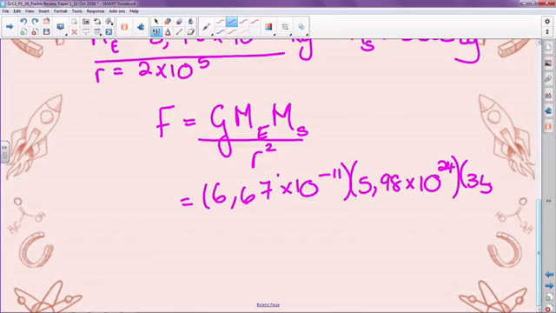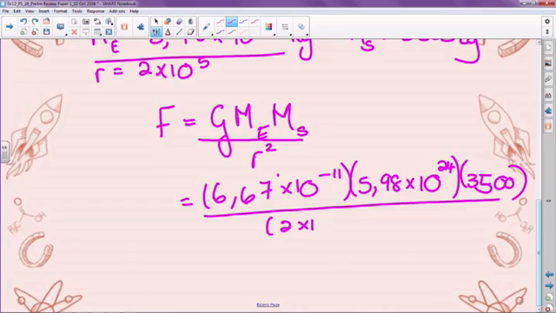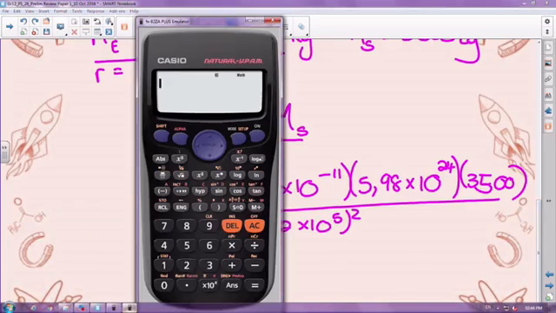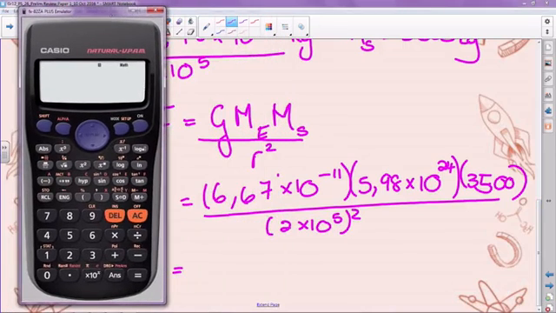This is 3,500. And this is 2 times 10 to the 5 all squared. So now I go to my calculator. I definitely can't do this in my head. 6.67 to the minus 11 times 5.98 to the 24 times 3,500.